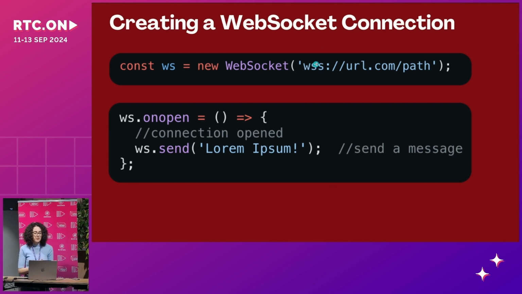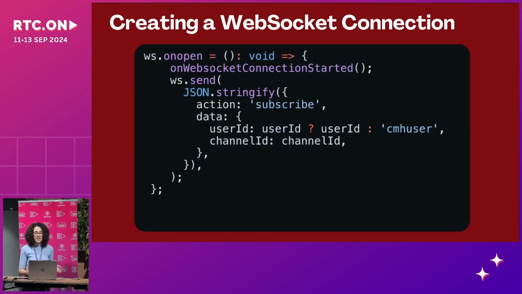Once we have created the WebSocket object, we can trigger the onOpen function, which means that connection is open, and at this stage we can send any information which can be sent one time to the server. For example, I will show you how our onOpen function looks like in our app.